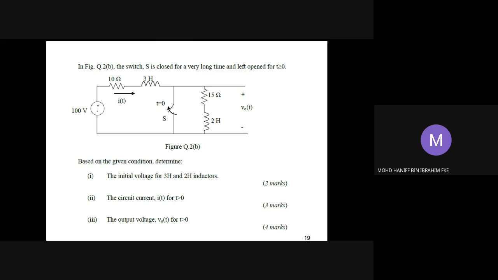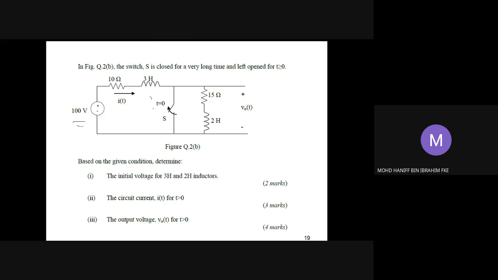We are given this circuit configuration where we have 100 volt as the input, and we are given the 10 ohm resistor, 3 Henry inductor, and it's connected to a resistor of 15 ohm and 2 Henry. So these are the connections that we are given.